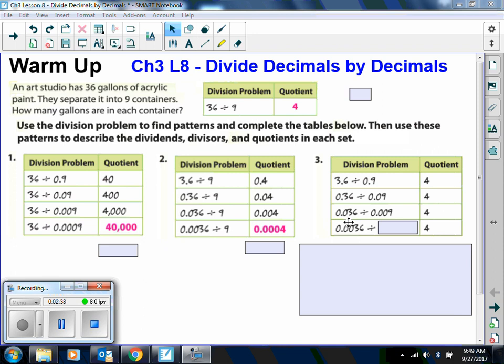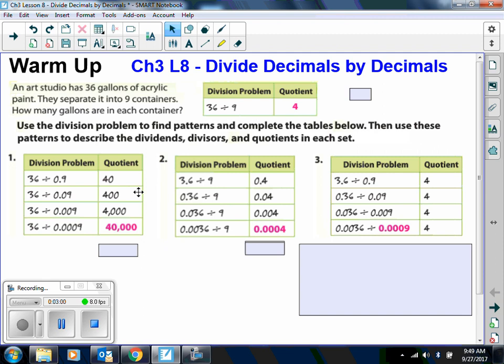If I have 36 thousandths divided by 9 thousandths, I get 4. What do you think this divisor over here is going to be? 36 ten-thousandths divided by 9 ten-thousandths. Very good, and that's going to give me 4 again.